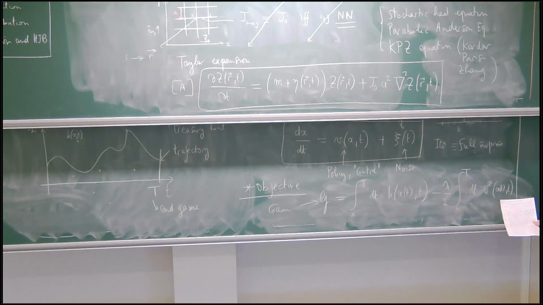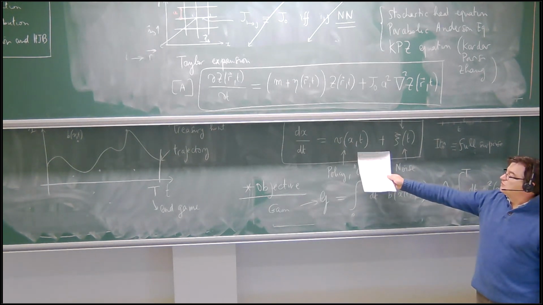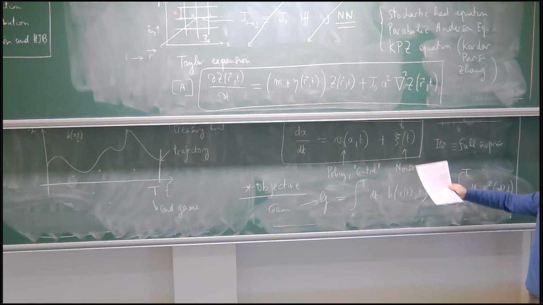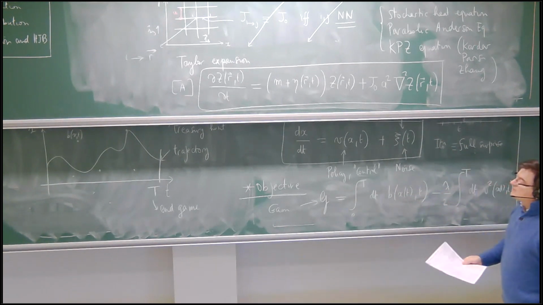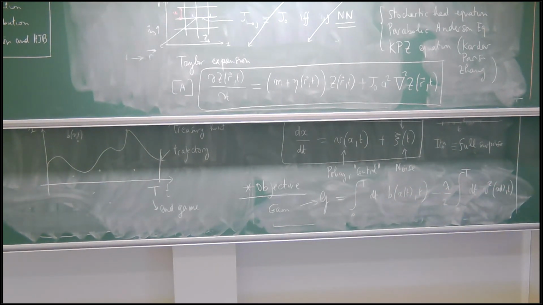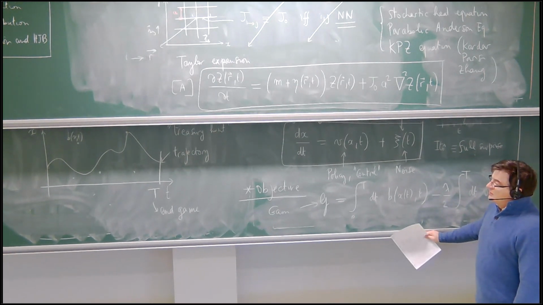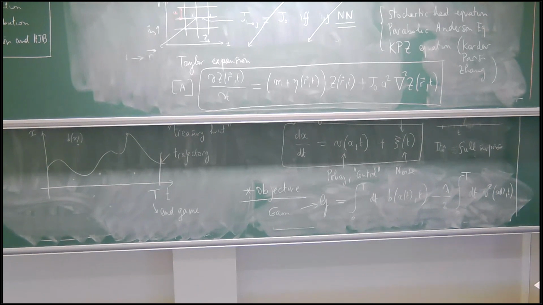Note that it's the part that you control that makes you pay something. At least the noise is free for you. I mean, you don't have to pay dx dt squared, you have to pay v squared. That's what you decide to do. And then if the wind helps you or if the wind is against you, it doesn't count in your gain function. Okay. So this is a typical optimization problem, a problem that in physics is called frustrated, because there are two opposing terms.